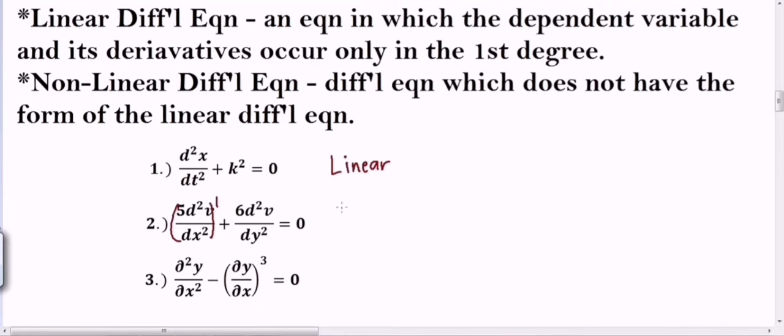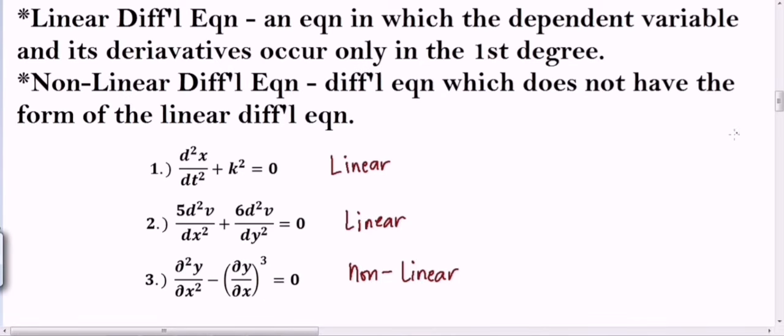So, therefore, this one again is called linear. Okay? This one, guys, is the non-linear. As you can see, we have a raised to 3. This one, there, it is raised to 3. So, that means it is non-linear. Okay? So, that is how you identify whether a differential equation is linear or non-linear.